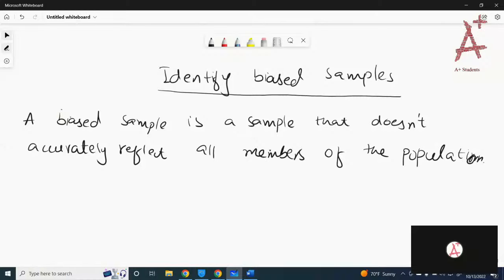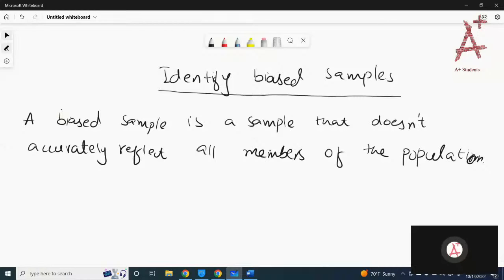So basically, a biased sample is a sample that doesn't accurately reflect all members of the population.